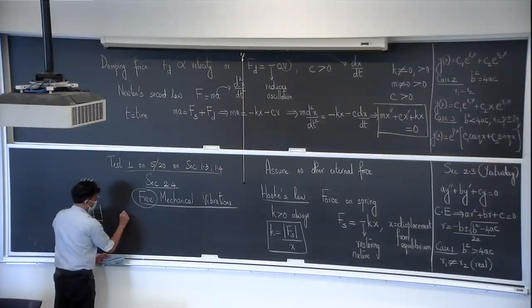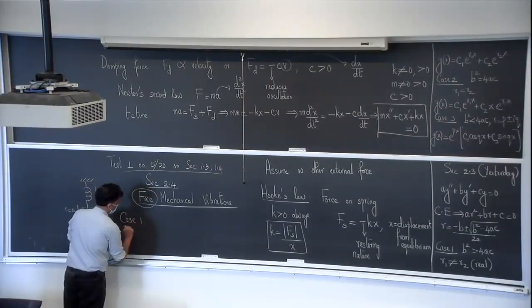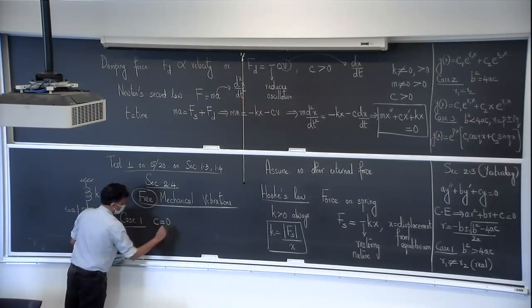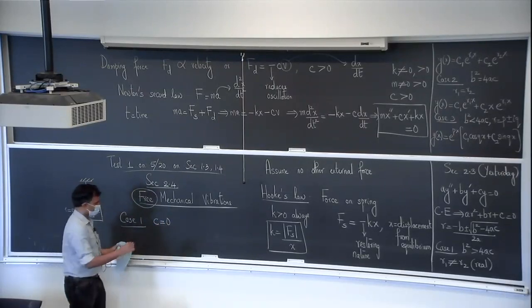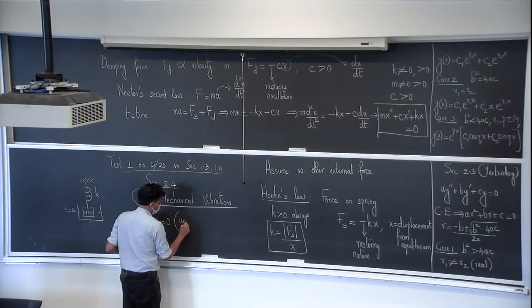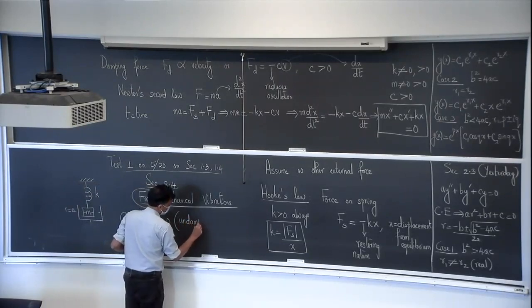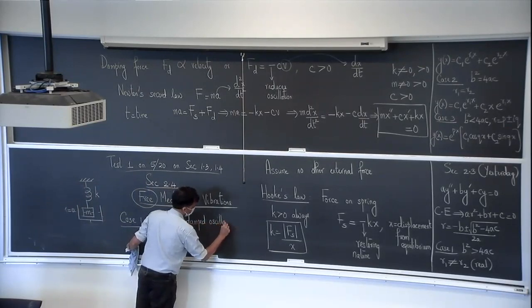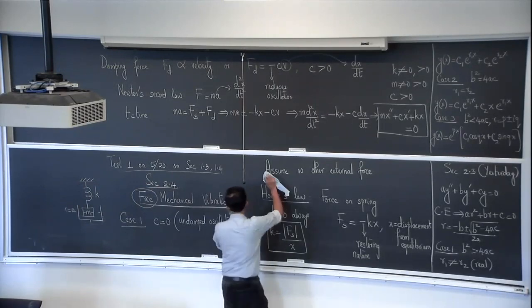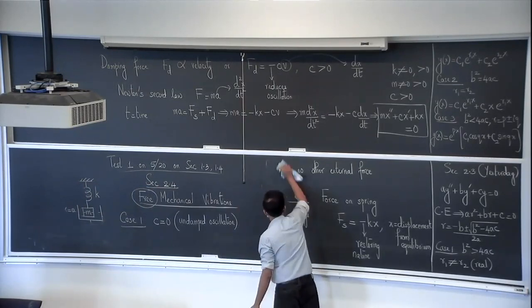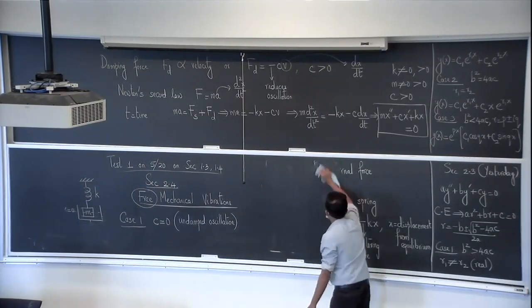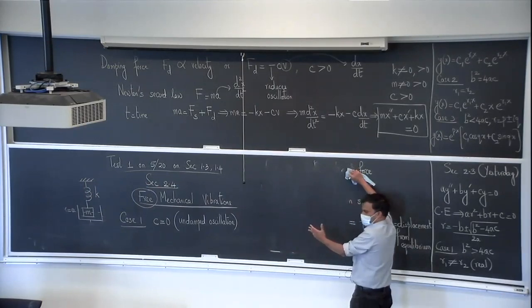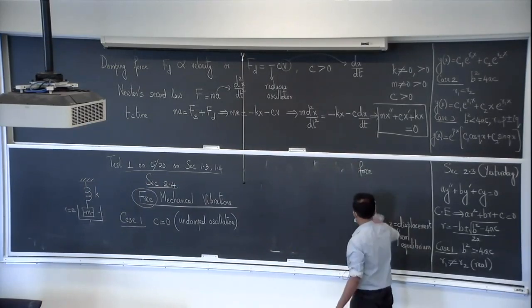So case 1, c equal to 0, no dashpot, which means it's going to be undamped oscillations. Later we'll talk about underdamped oscillations. This is undamped, so don't confuse the two words.